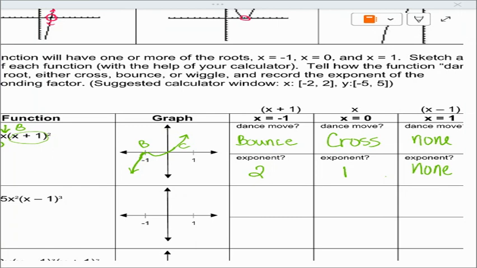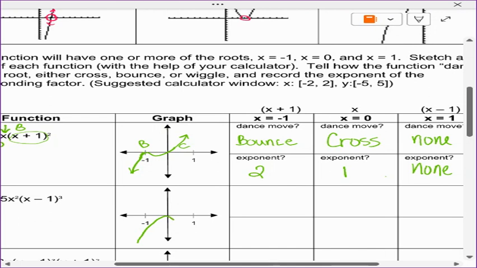We have a bounce and a wiggle. So let's try and sketch that. It does a bounce at 0. So it starts up here and it goes like a bounce. And then it does a wiggle.